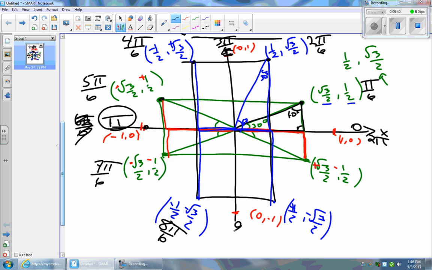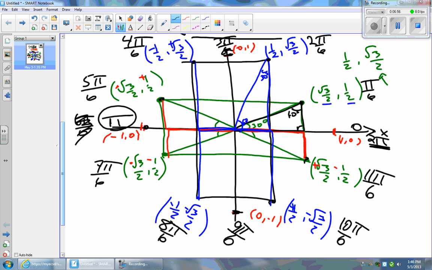This guy would be 9 pi over 6 because, of course, you have to include the axis that you're crossing. This one will be 10 pi over 6. This one here will be 11 pi over 6. And lo and behold, 12 pi over 6, which is just 2 pi.